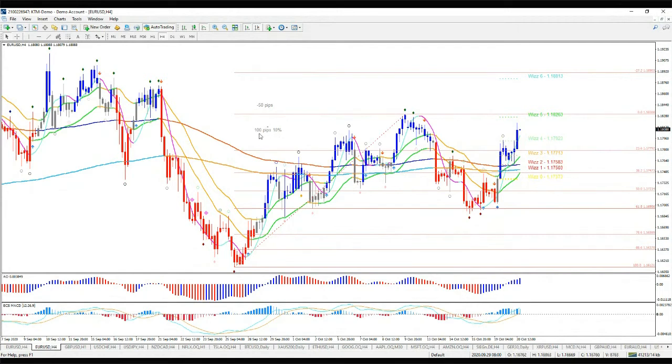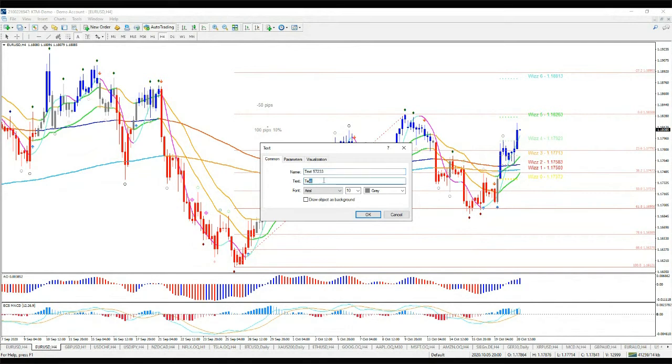But the plus 100 pips doesn't compensate the 5 times 50 pips loss. So you lost 150 pips, but you gained 5%, right? Let's put it in the table here. 5 times minus 50 versus 1 times plus 100.